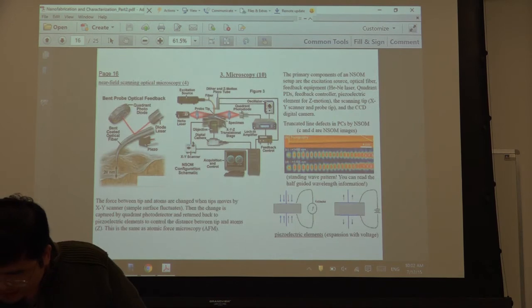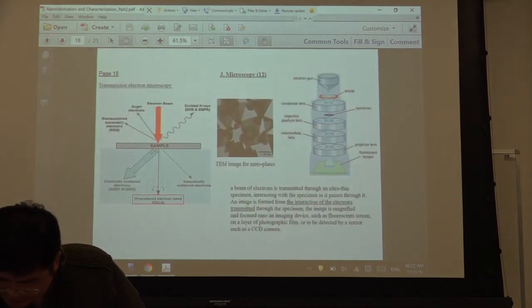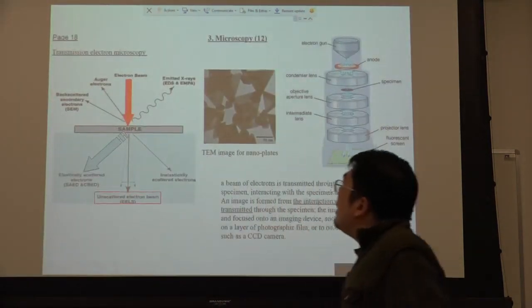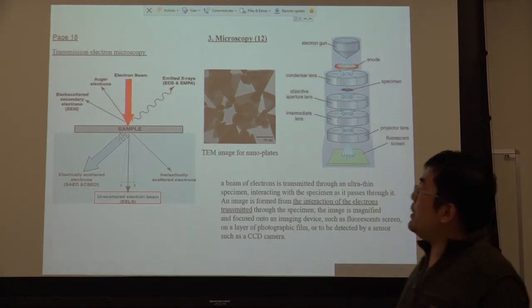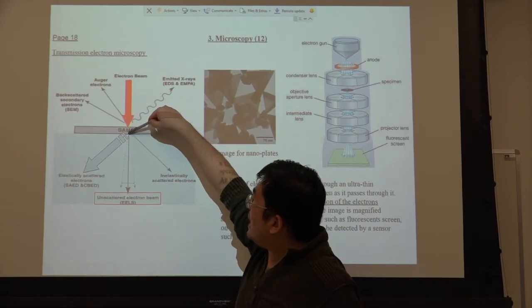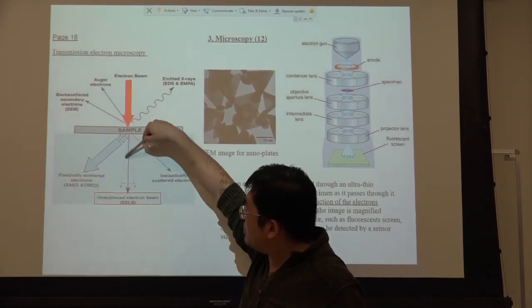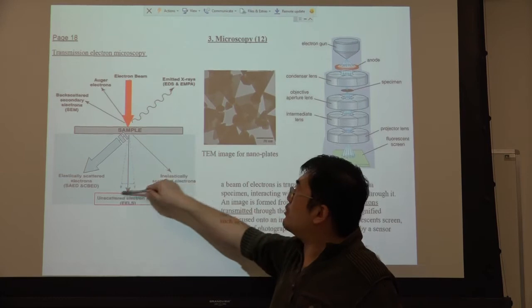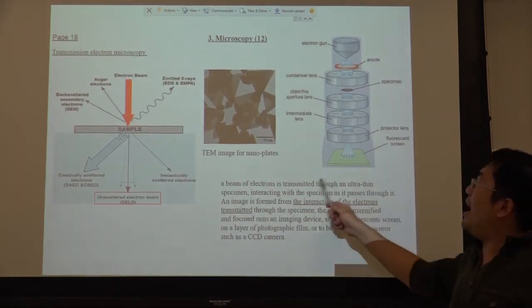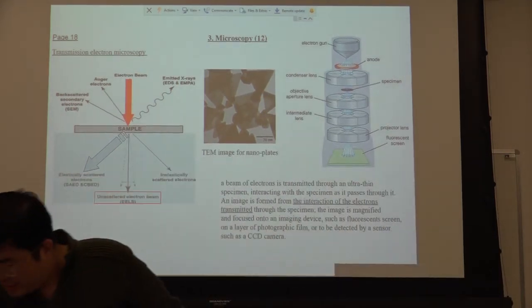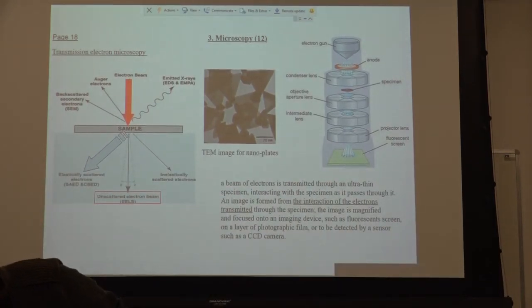The third technique is transmission electron microscopy, with incident electrons and transmitted electrons. They collect the transmitted electrons, and this is called transmission electron microscopy. The resolution is very high and can be achieved down to 1 nanometer, even better.